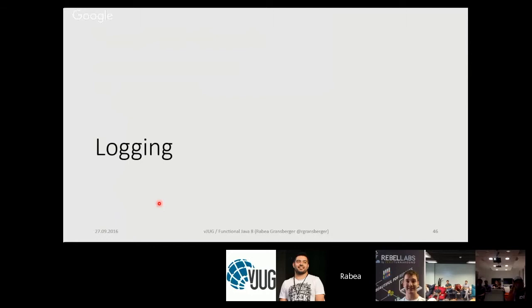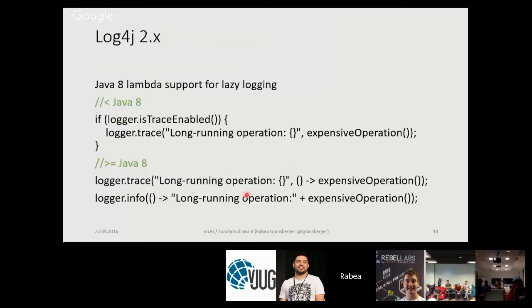Let's have a quick example of what we can do for our logging code. With Log4j starting from version 2, we can use lambdas for our Java logging statements. Before Java 8, you had to call something like this.